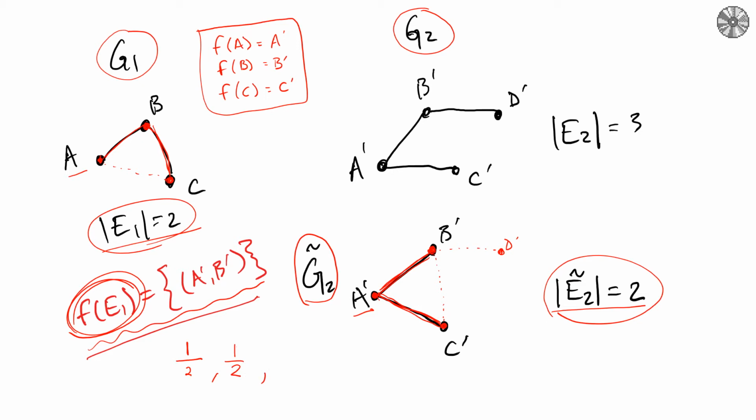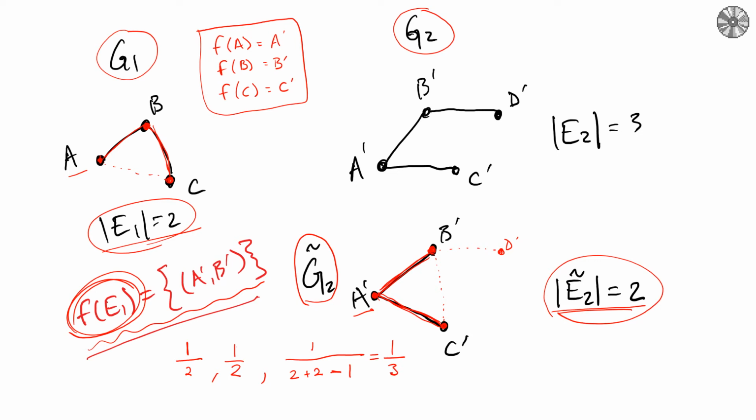And then if we wanted to evaluate the last score, the symmetric score, we would take the one edge that we got correct over two edges in G1 plus two edges in the induced subgraph of G2, and then subtract away the number that we got correct, which is 1. And so that leads us to 1 over 3.